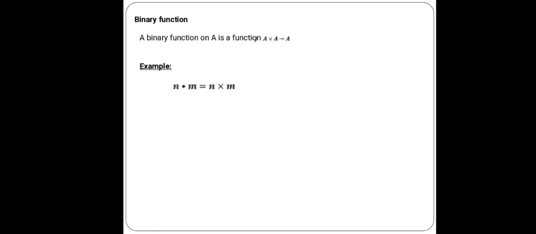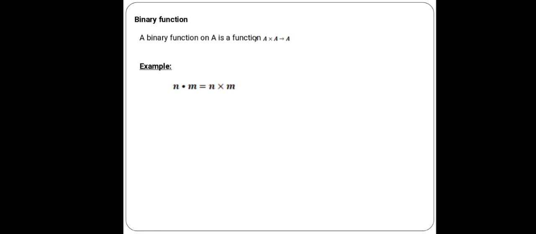It is a binary operation on the natural numbers, for multiplication is a function. So when we multiply two numbers, we will get exactly one answer. Additionally, if we multiply two natural numbers, we will always get another natural number. So that is a binary operation.